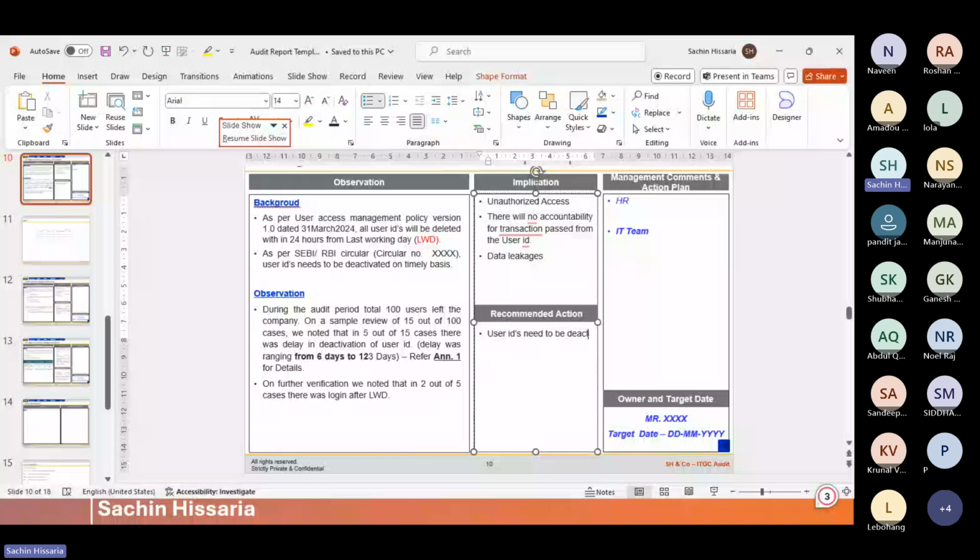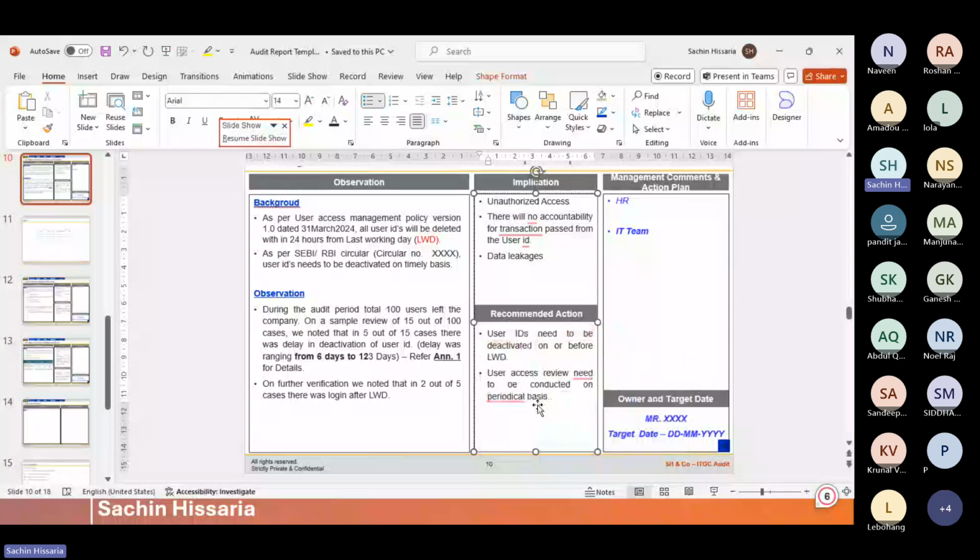I can also write a recommendation here: user access review needs to be conducted on a periodical basis to identify those kinds of scenarios proactively. Why are you waiting for an auditor to identify those cases? As an organization, you can also do the user access review to identify those kinds of scenarios.